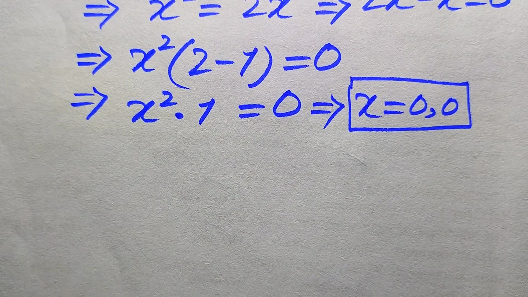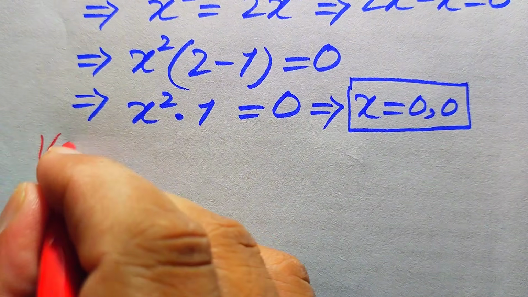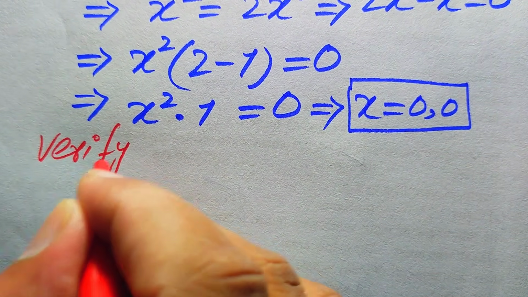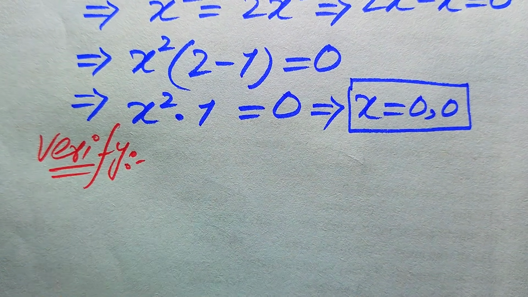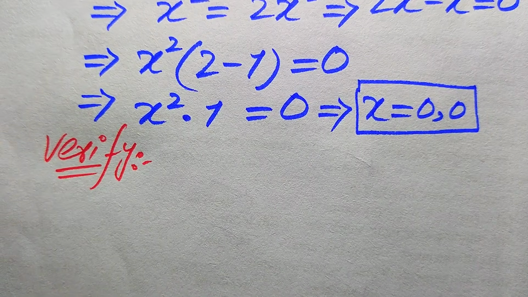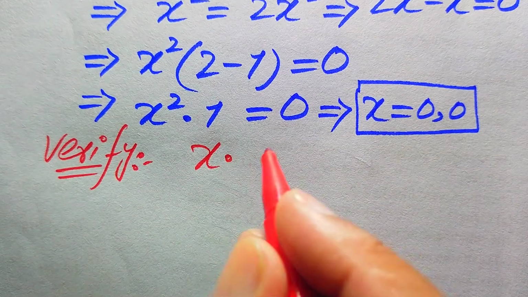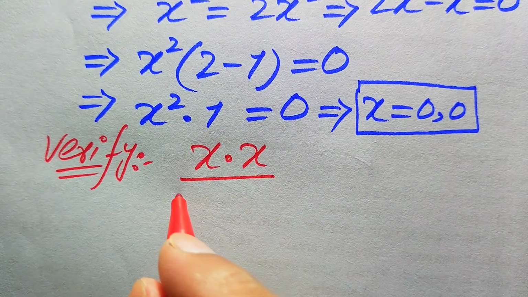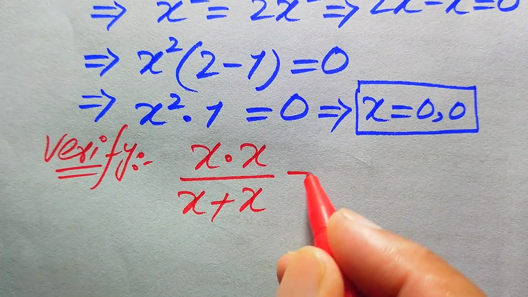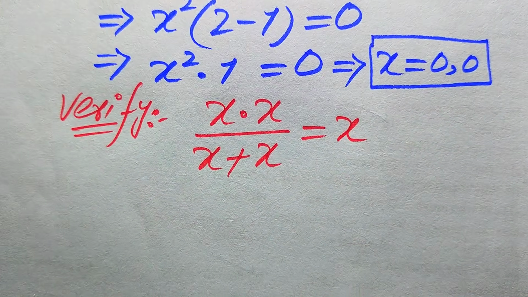Now in the next step we need to verify whether these roots are solutions or extraneous roots. For verification, we need to copy down the given question statement. Here it is x times x divided by x plus x is equal to x.